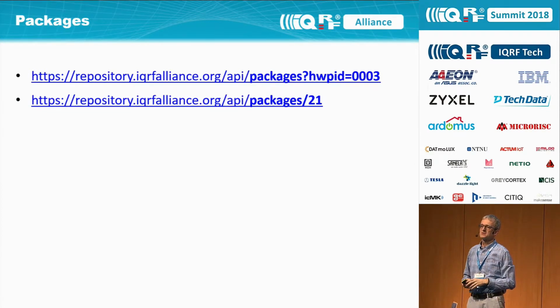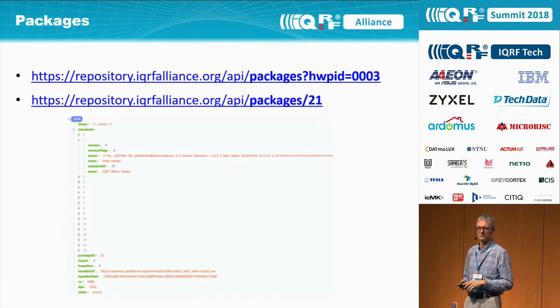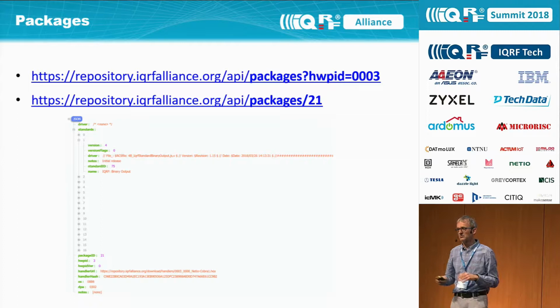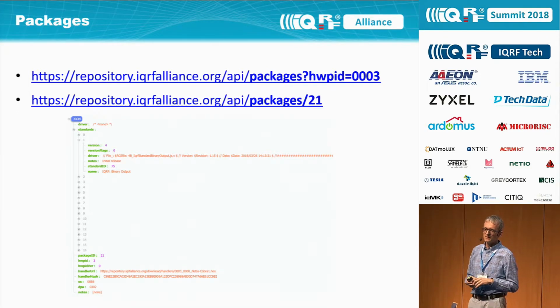You get the list of packages based on the version of DPA and version of operating system. You choose the one you need, and you get the package of the certain ID. The package is, as you can see, probably you cannot read it, quite a complicated structure. And an important thing, it also lists all the IQRF standards it supports.